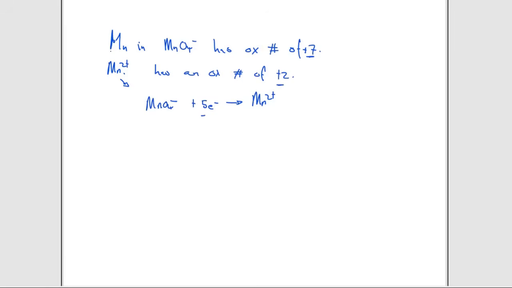If we were to balance the equation, we balance the oxygen using H2O. MnO4 negative has 4 oxygens, while on the other end Mn has none.